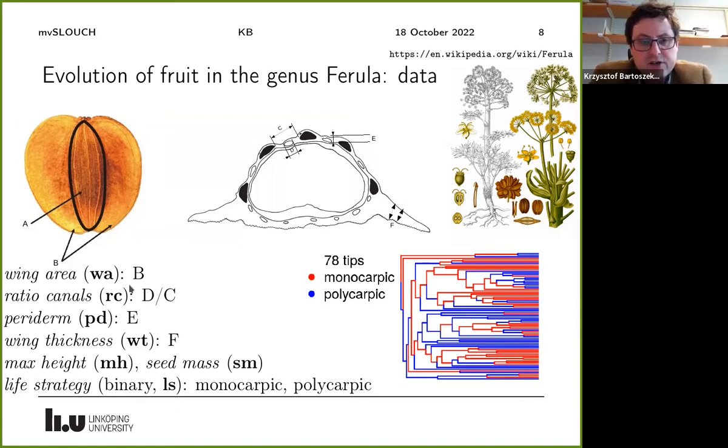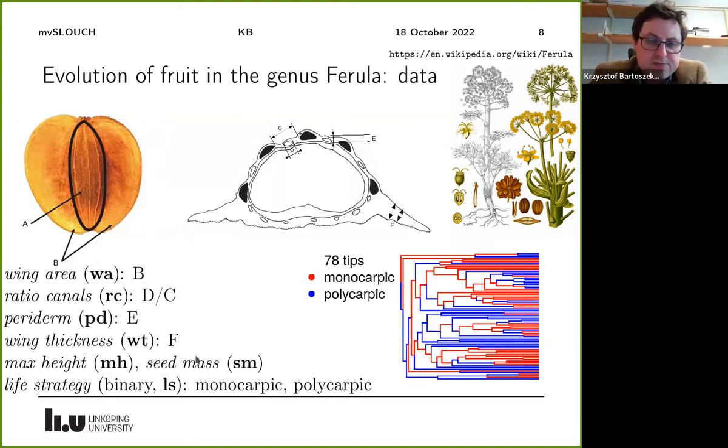And he has measured a number of properties of these fruits: their wing area, some information on the canals inside these fruits, how thick they are, and the maximum height of the tree and the mass.